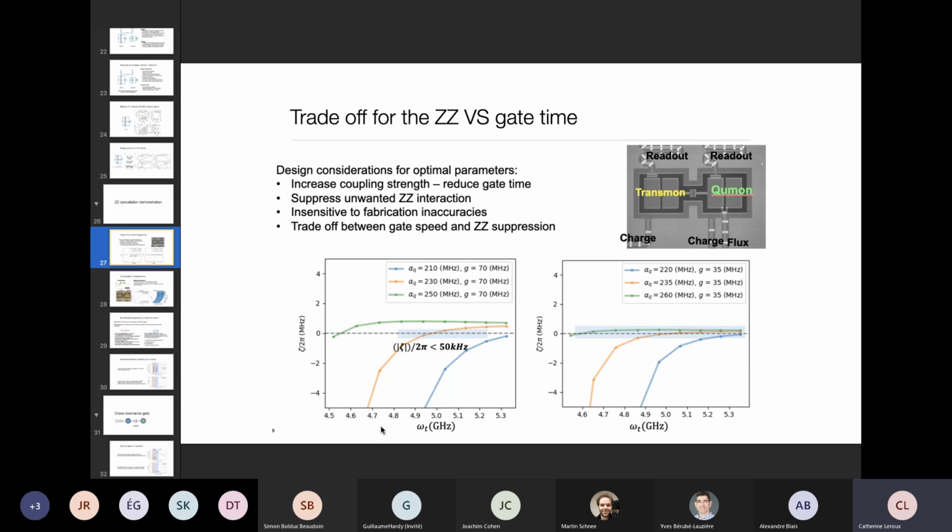What we can do here is look, for instance, at how the ZZ depends on the detuning between the two qubits, between the transmon and the Qmon, for different values of the coupling. On the right-hand side, you have a coupling of 35 megahertz, on the left-hand side 70 megahertz. And you can see, of course, if the coupling is smaller, the zero-point transition is much smoother, so you need less precision.